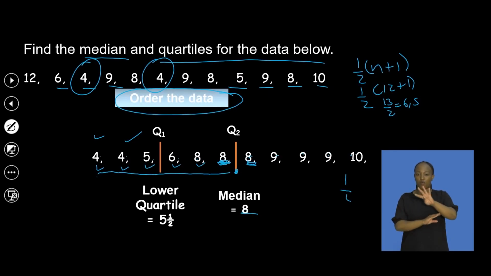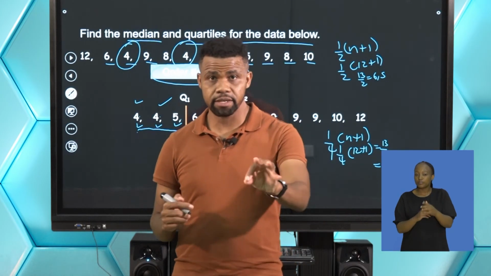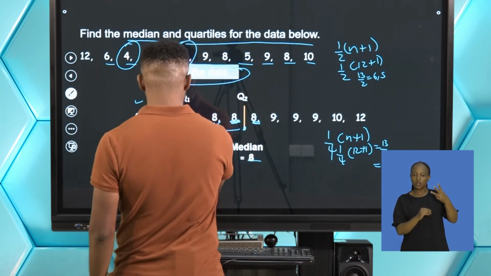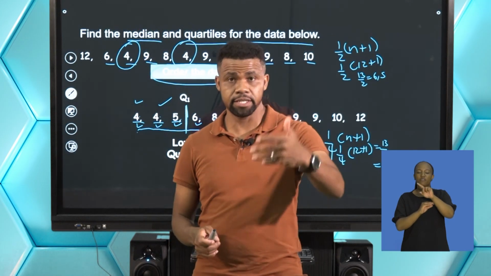Because it's a quarter of the data, it is 1 over 4 times n plus 1. What is n? n is 12, plus 1 is 13. 13 over 4 is 3.5. Position 3.5 will give the median. So 1, 2, 3, and 3.5 is there, which is 5 plus 6, which is 11, divided by 2, so the lower quartile is 5.5.